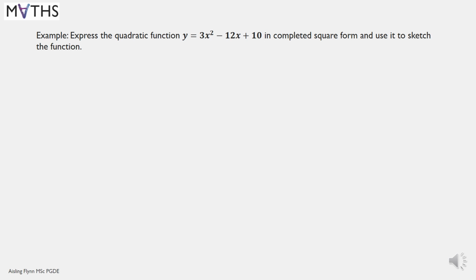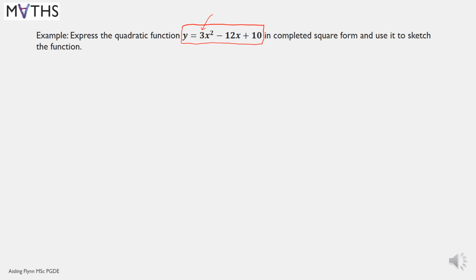Express the quadratic function y equals 3x squared minus 12x plus 10 in the completed square form and use it to sketch the function. Okay, so the difference here is that we have a coefficient beside the x squared part, and that coefficient is not a square number.